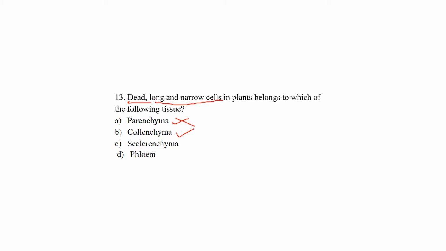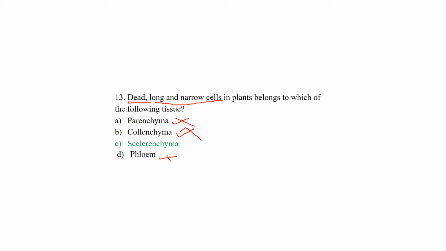Collenchyma also has some very little intercellular spaces, so definitely collenchyma will not be the answer either. Come to the phloem. Phloem is a type of complex permanent tissue, so definitely it is not the answer of the question. So the remaining one is sclerenchyma. The correct answer of this question is sclerenchyma.